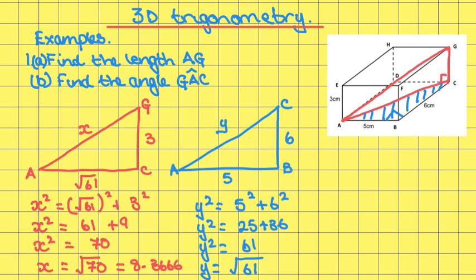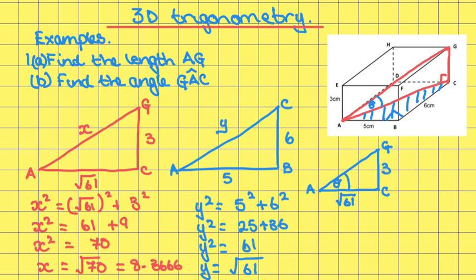Part B, find the angle GAC. So if I go back to my diagram, the angle GAC is this angle here. So we'll call that theta. So if I draw myself a little triangle, GCA. So I want to find theta. I know that AC is root 61. I know that GC is 3.